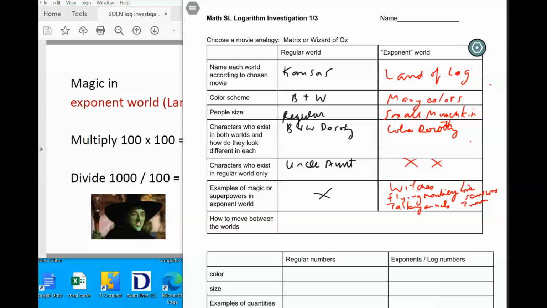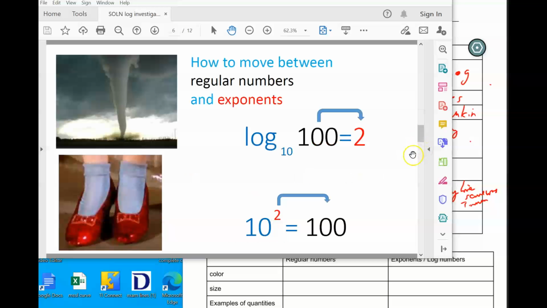How do we move between the two worlds? We move from Kansas to the land of log using a tornado. We go back from the land of log to Kansas by tapping our red magic shoes together.